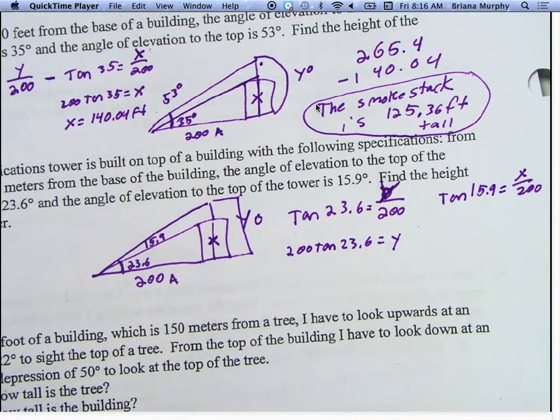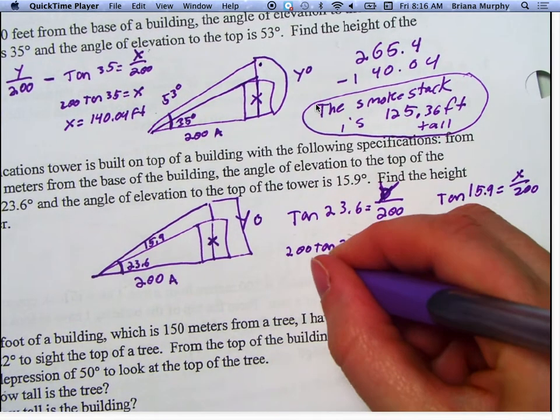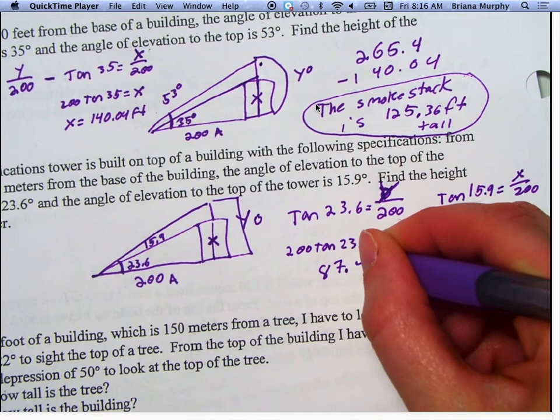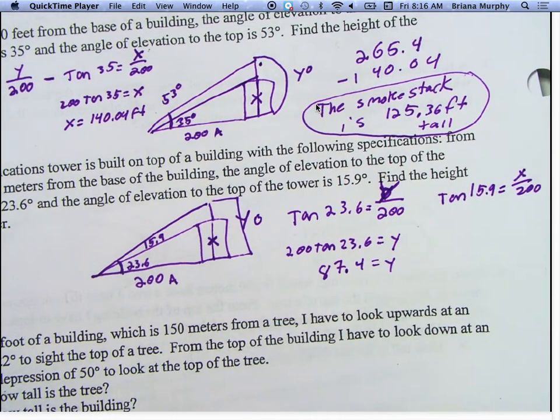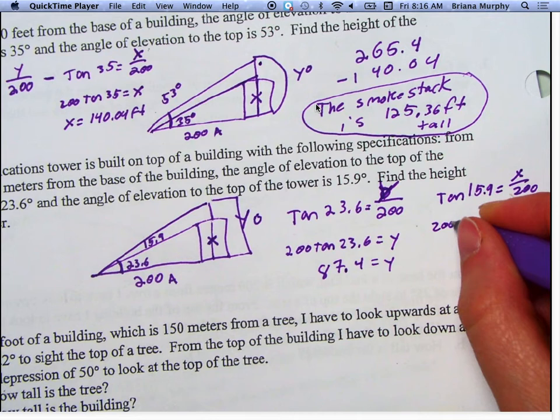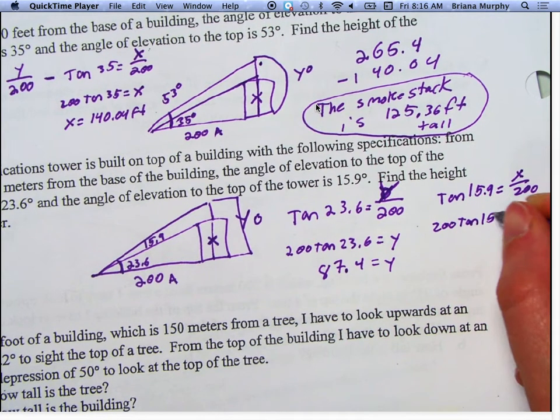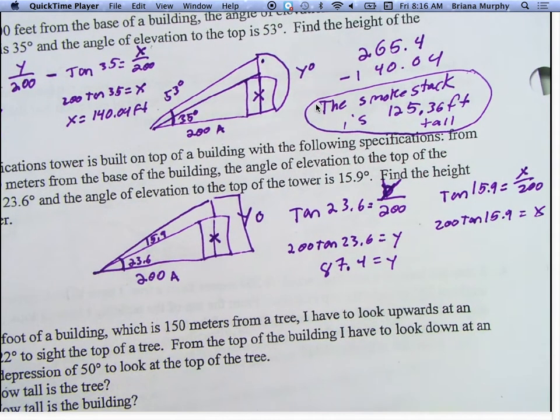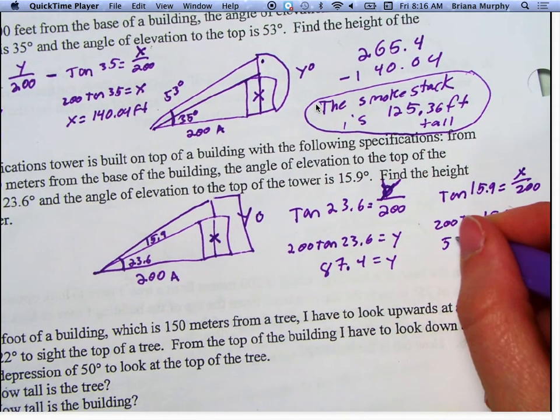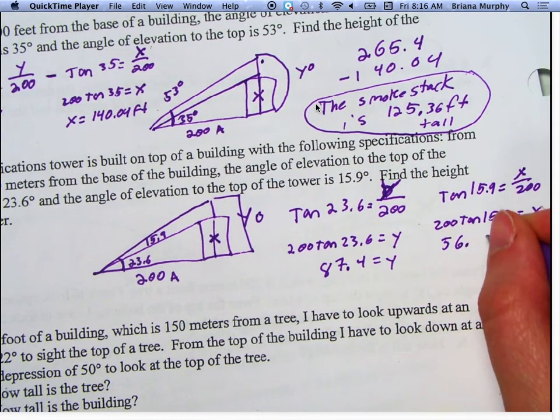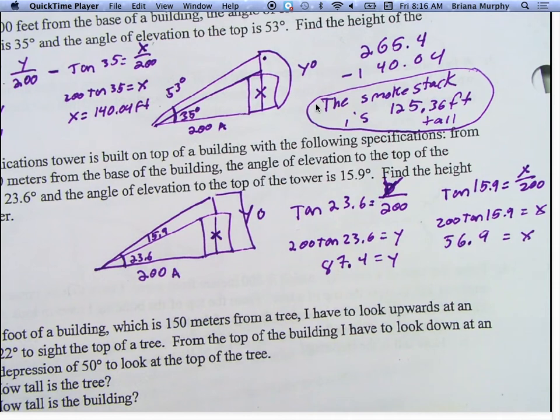Put that in my calculator, 200 tan 23.6, and I get 87.4, I'm just going to round up, equals y. And over here, 200 tan 15.9 equals x. 200 tan 15.9 gives me 56.9 equals x.